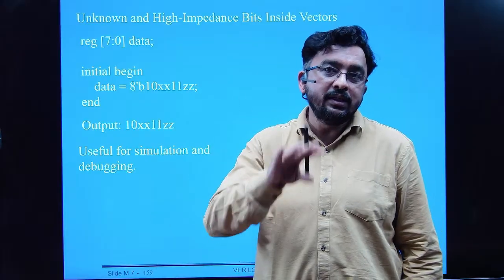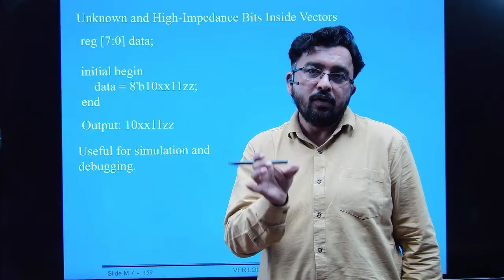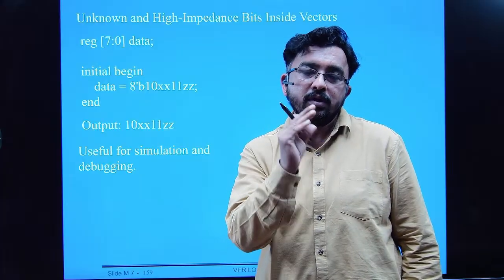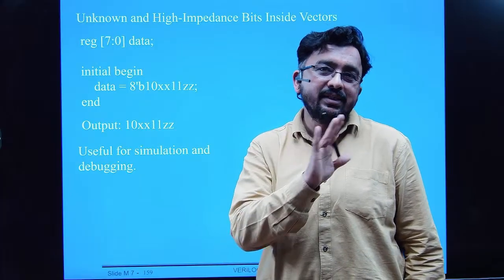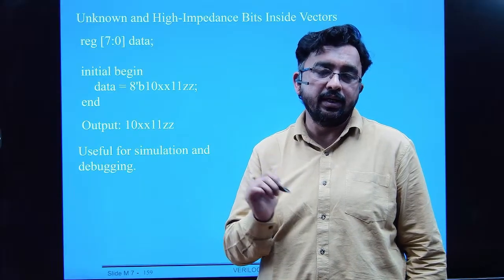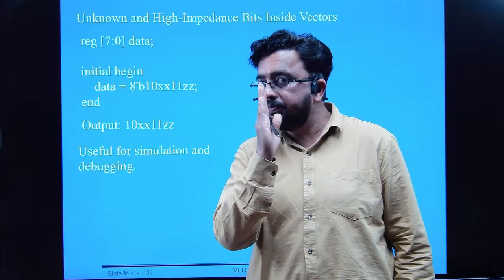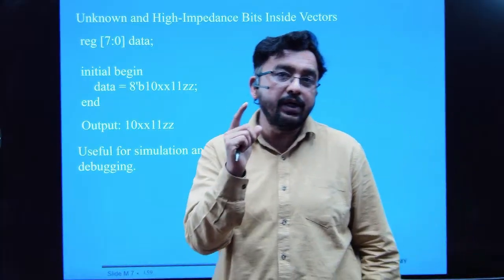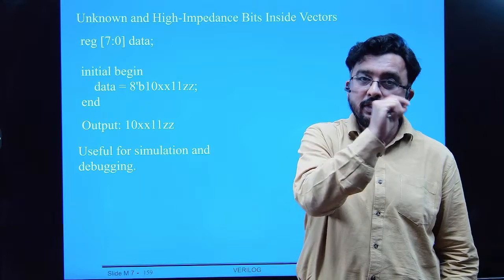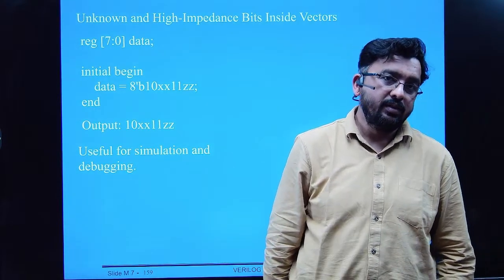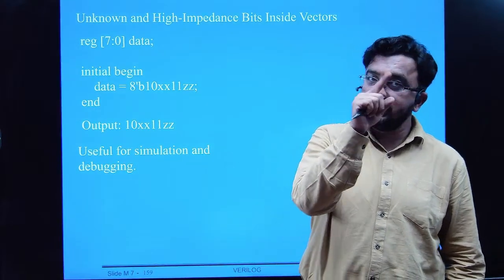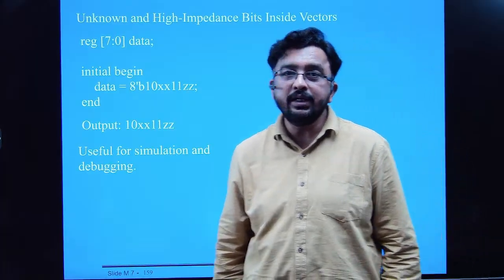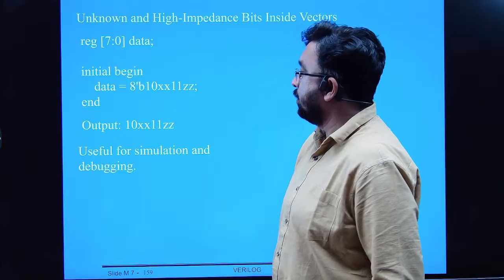So yes, this is also a part of the vector. And when these are part of the vector, they also map a position. It is not that we have ignored them. They also play an important role, especially in equality operators, logical equality and inequality operators, and case equality and case inequality operators.